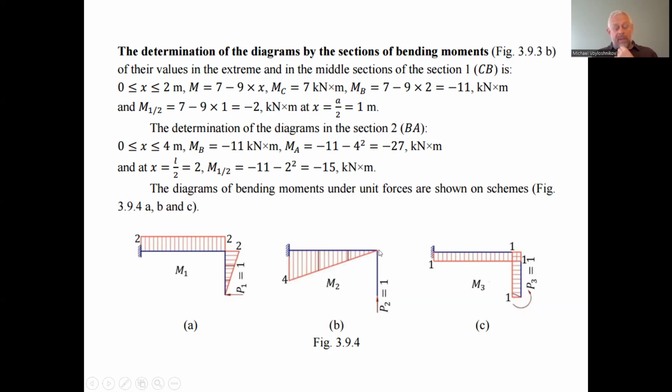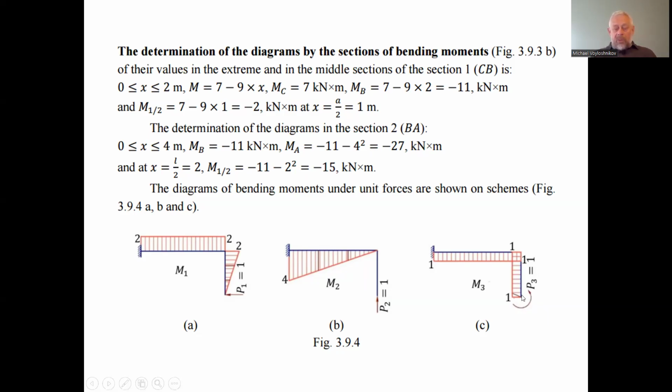But for the AB element of the mechanical system, this causes a linearly increasing bending moment towards the bending A, and the maximal magnitude is 4. And we determine this diagram of the bending moment by the action of the unit force applied upward on the stretched fibers of the element AB of the mechanical system, and the unit moment, to find the angle of the bending of the section at the point C of the mechanical system.